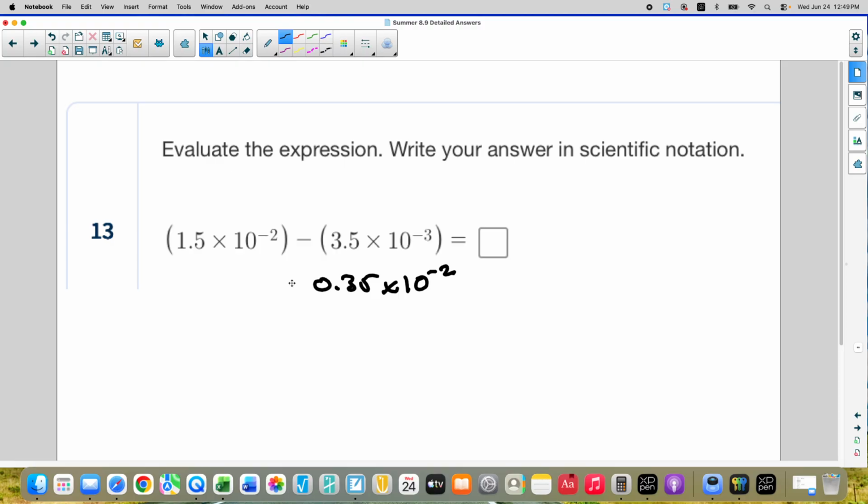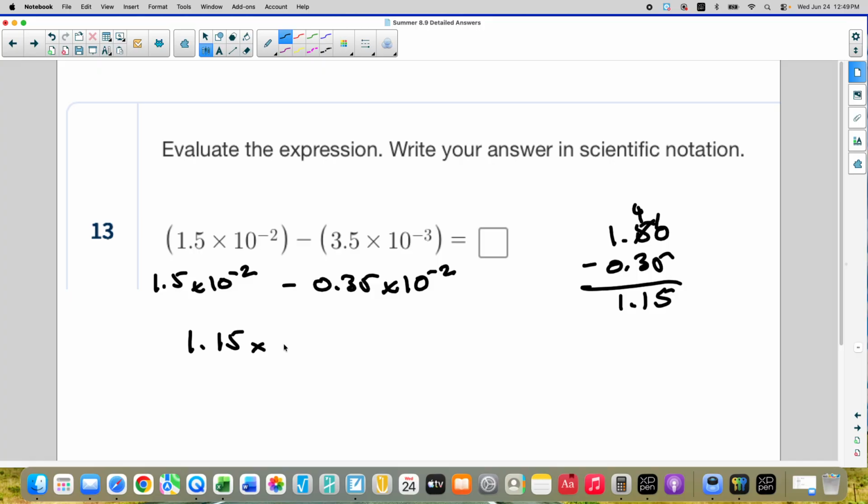Yes, that's good. Minus 1.5 times 10 to the -2. Now they have the same exponents. So we'll do 1.5 minus 0.35. Add a 0. That's 1.15 times 10 to the -2 would be my answer.